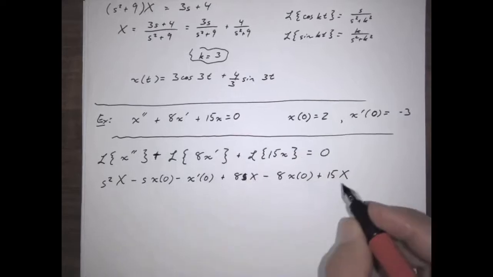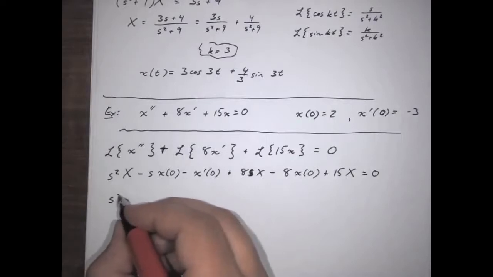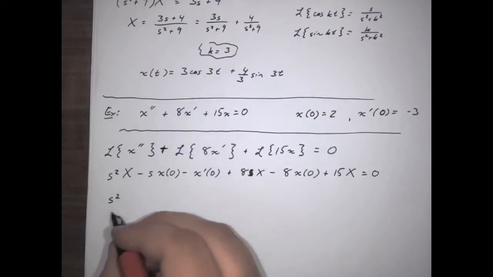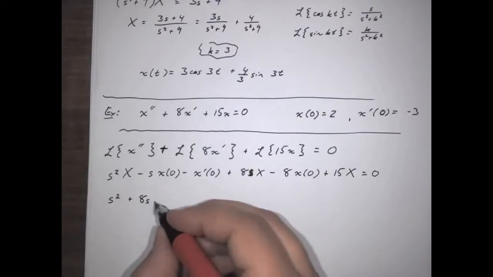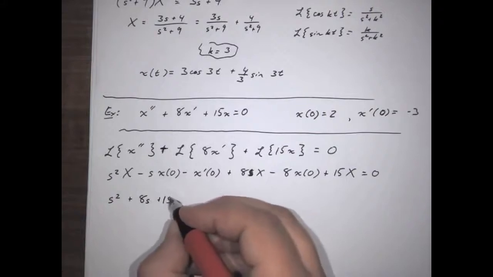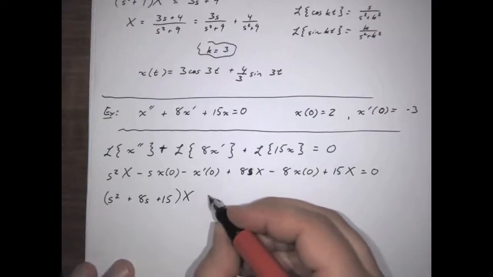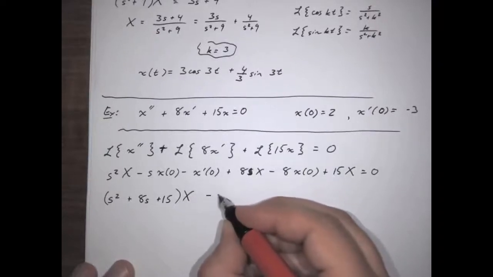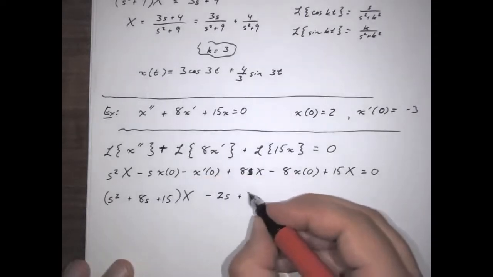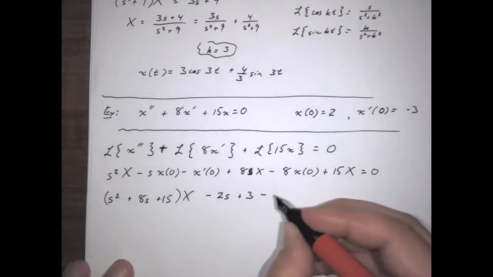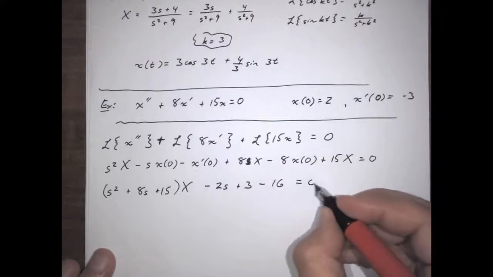Okay, so now let's get all the capital X's together, equals 0. Get all the capital X's together and put in numbers for the initial conditions. So s squared plus 8s plus 15, that's all times the X. And then what else do we have here? We have minus 2s for that first one, plus 3, and then minus 16 when we plug in that one, equals 0.